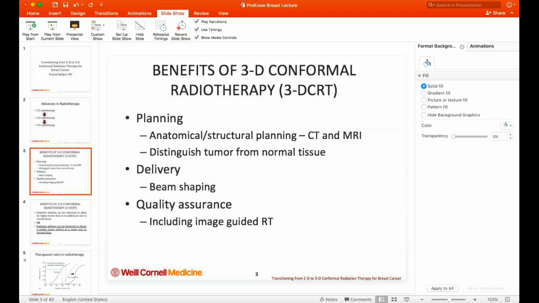The other benefit of 3D is in quality assurance, and we can now use image guidance during our treatments, whether in the form of MVs, KVs, or cone beam CTs.